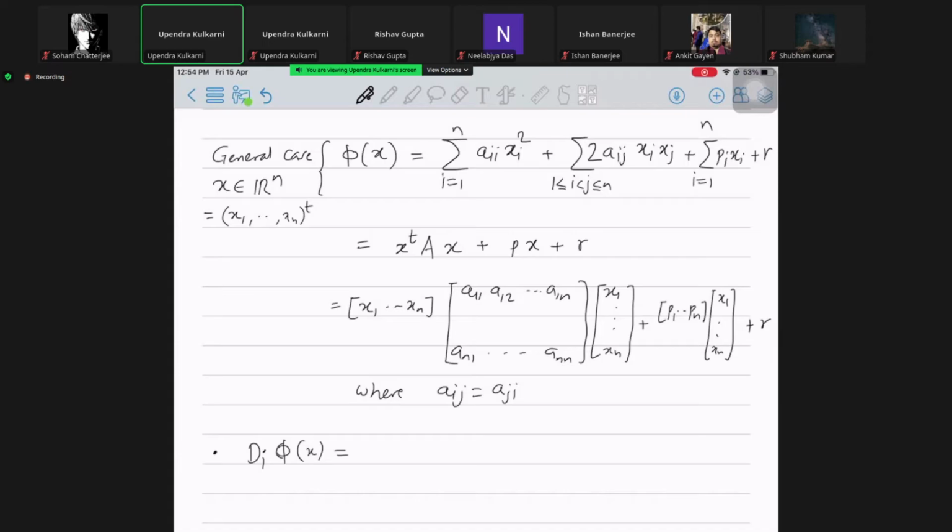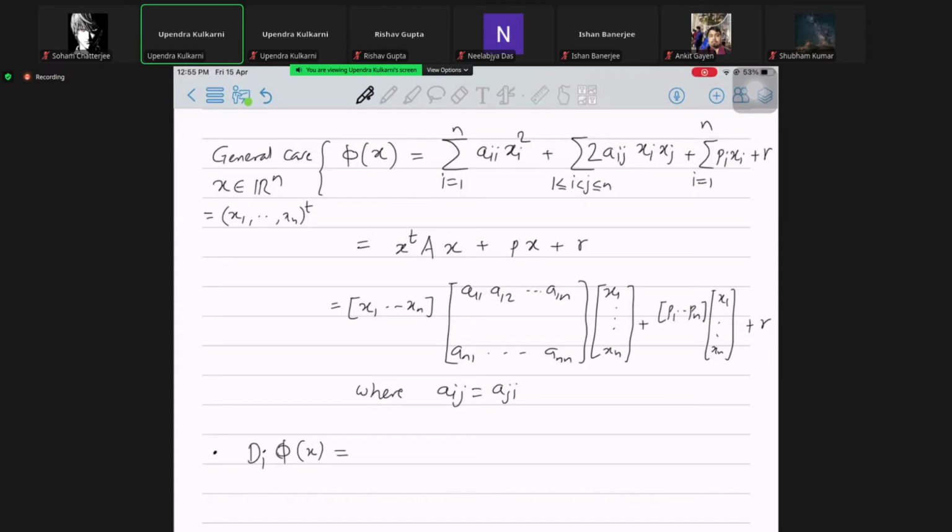And again, the virtue of 2 will become clear. In the first terms, only one of the terms is going to survive, where the index i is present. So I will get 2 times a_ii times x_i, right?